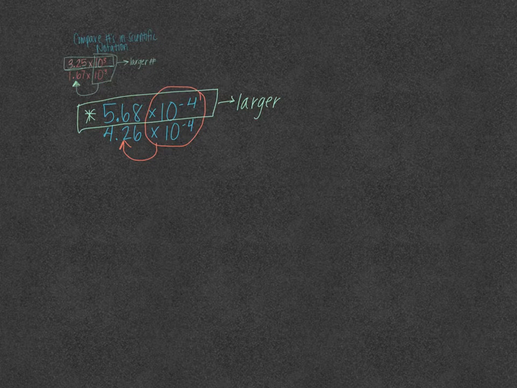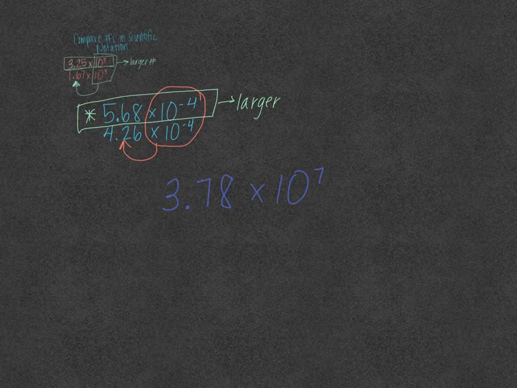All right. Our next one that we're going to do, now we're going to step it up and challenge ourselves. We are going to look at when the numbers are different powers of 10. So 3.78 times 10 to the seventh power.